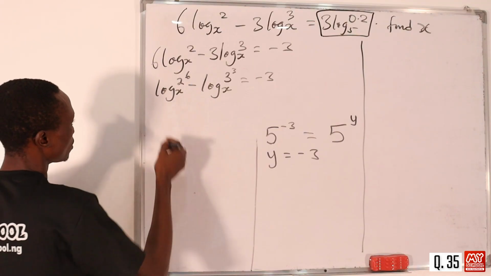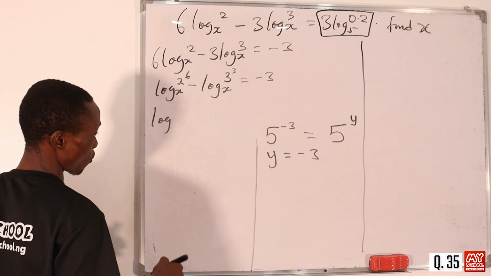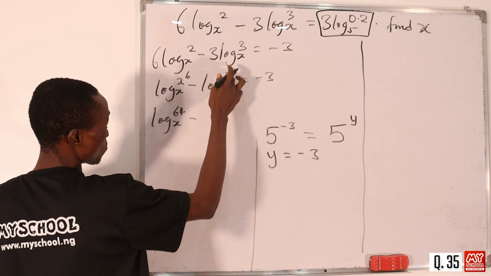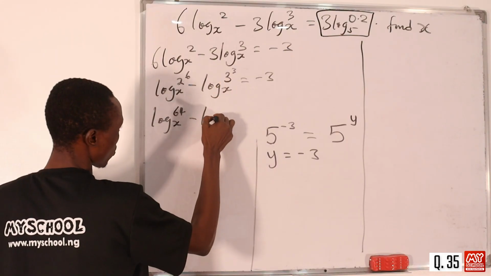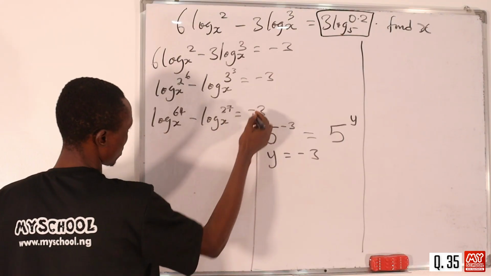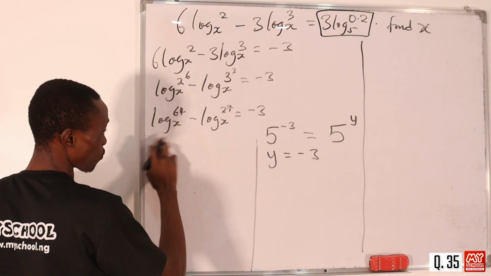Then 2 raised to power 6 is actually 64. So here we have log 64 base x, then minus 3 raised to power 3 is 27. So here we have log 27 base x equals minus 3. Here we have to apply the division law of logarithm.